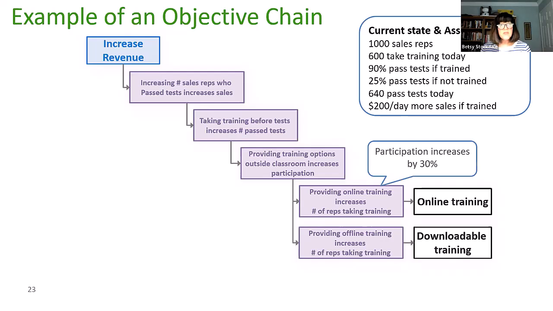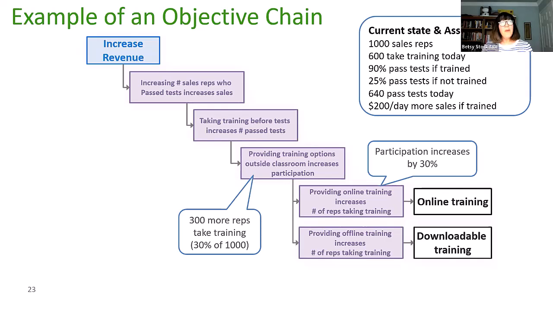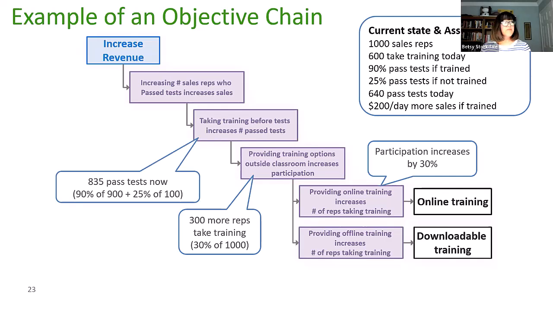We have found for online training, through our analysis and our questioning, that participation for online training increases about 30%, which means we have about 300 more sales reps taking the training than previously. So that's 30% of 1,000, 300.